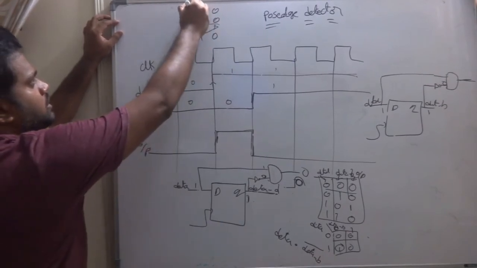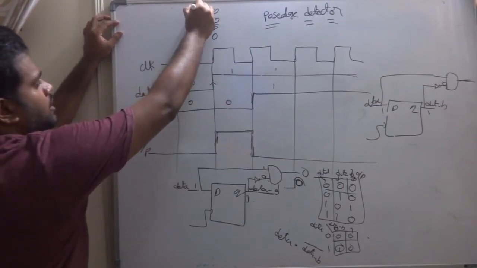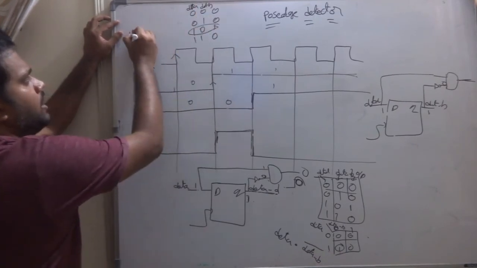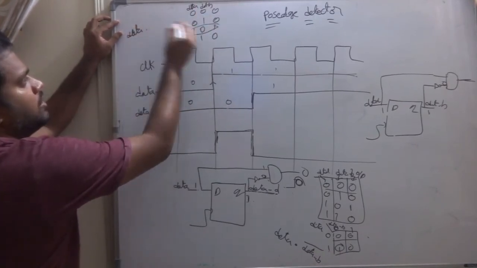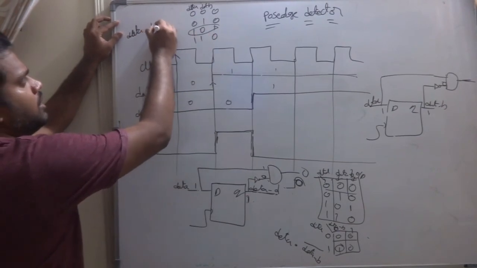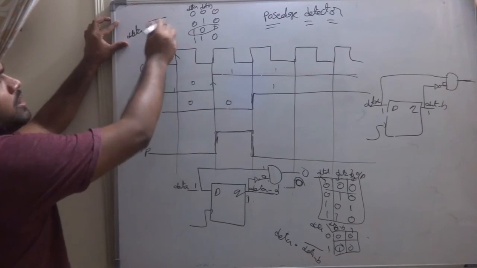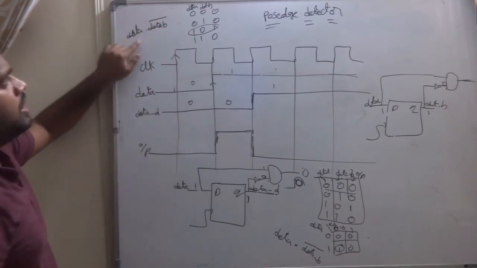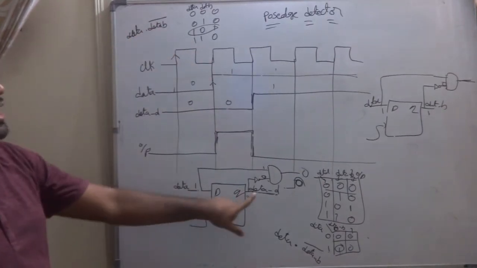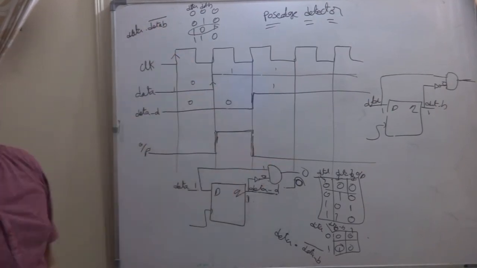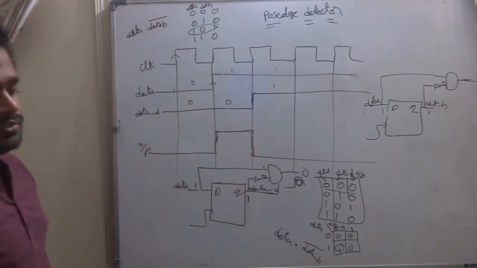Suppose this is data, this is data underscore B, then data dot data B bar, right? Data B bar is this one. Data is this, data B bar is this. I put the NOT gate here. This is the positive edge detector. Okay, thank you.